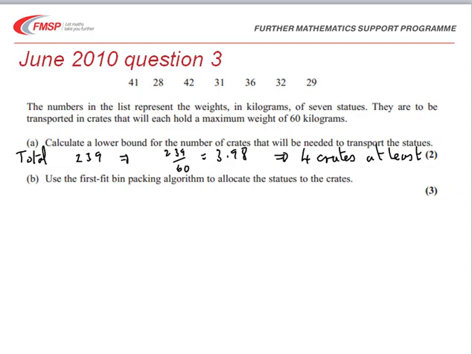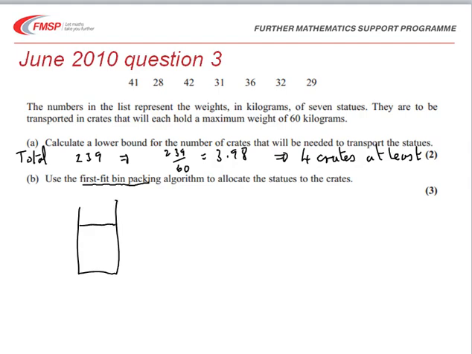In part B, the first fit bin packing algorithm. So that means we put the numbers in order into the first bin which will accommodate them. So taking these one at a time, again you don't have to actually draw anything, but sometimes it's helpful just to keep a rough track of what we've got.